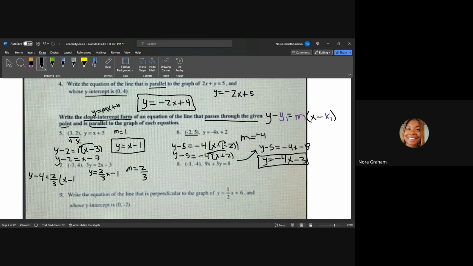And remember that minus is part of my formula, and I have to account for that -3, right? So then I would have y minus 4 equals 2 over 3 x, because we have to distribute that 2 over 3 through.